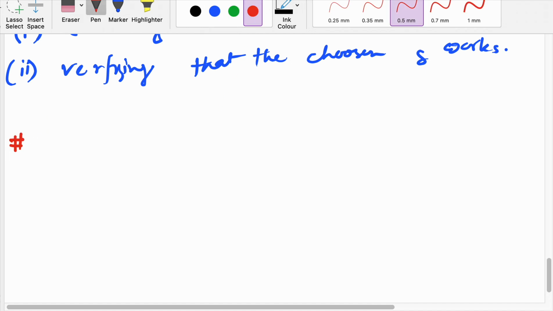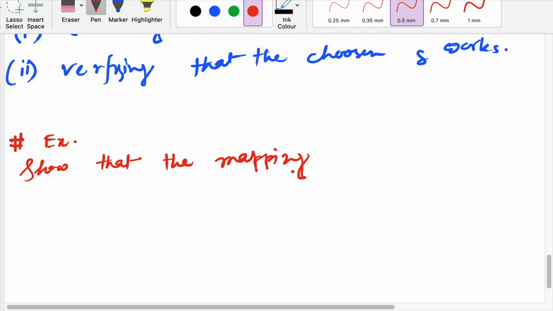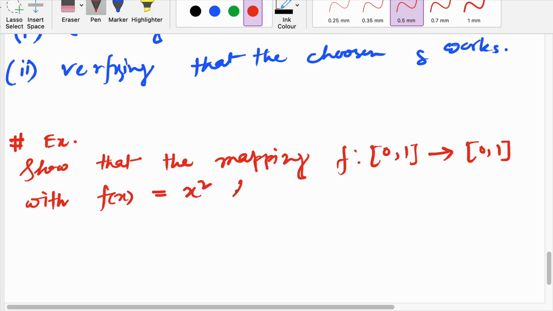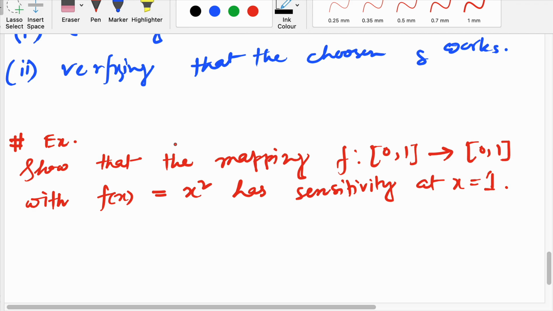One example is the mapping f from [0,1] to [0,1] with f(x) = x squared, which has sensitive dependence at x equal to 1.